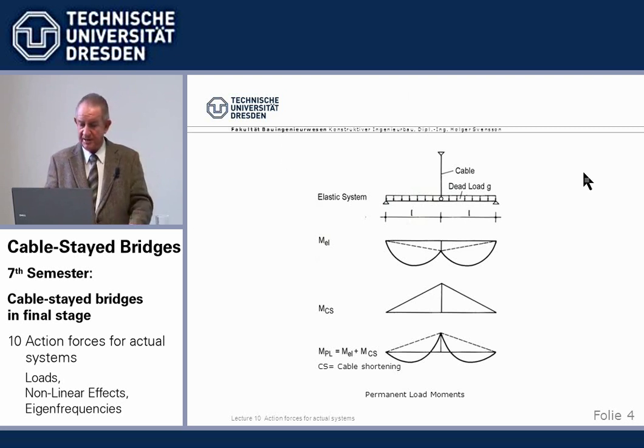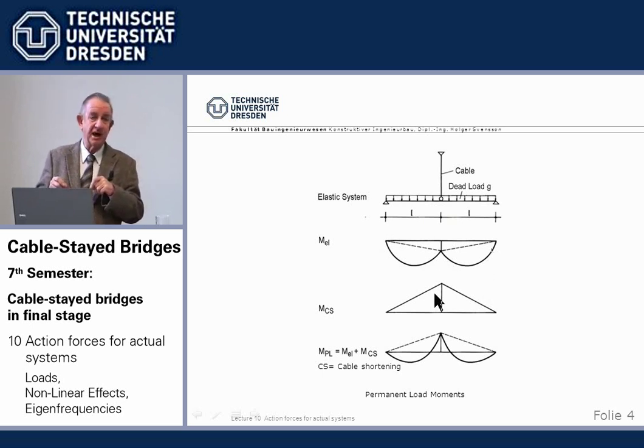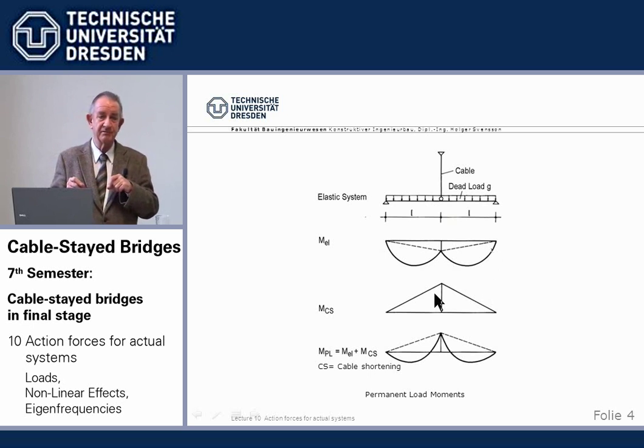The first part, shown here in a simplified system, is when we place the dead load onto the real elastic system, and then we get a run of moments like this. Understood? And now comes the trick. We apply a second loading, which I call cable shortening.